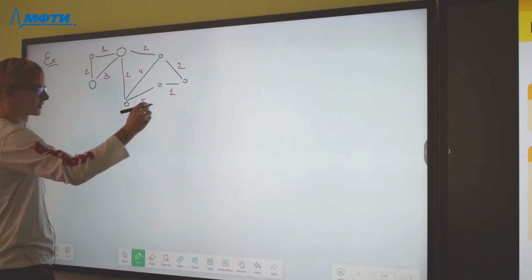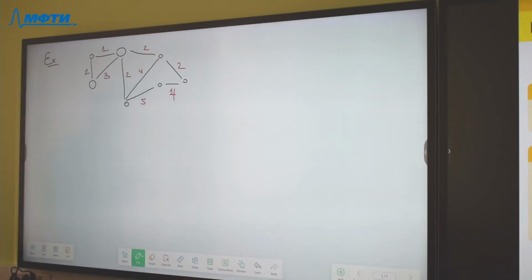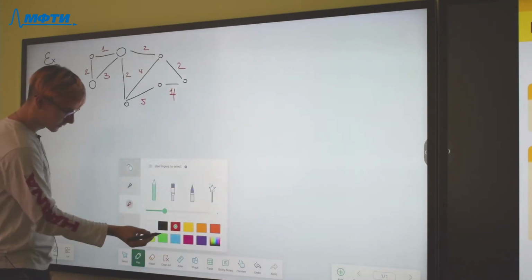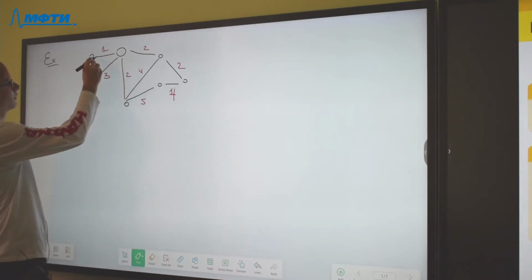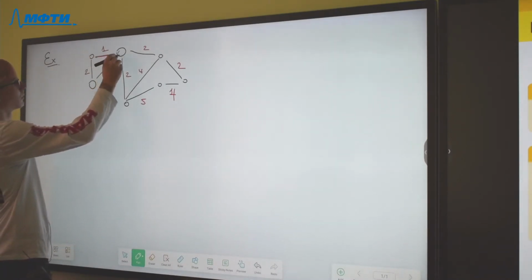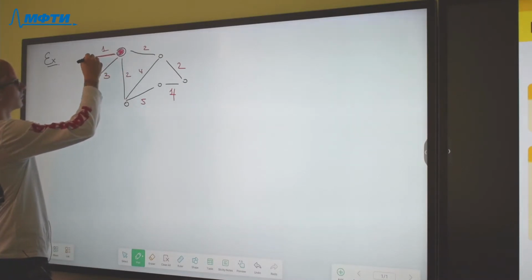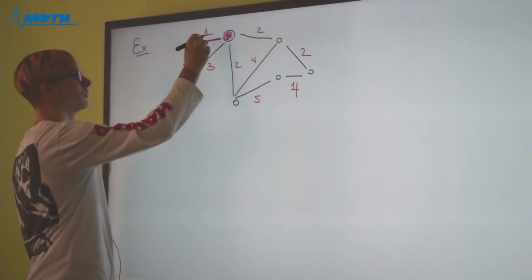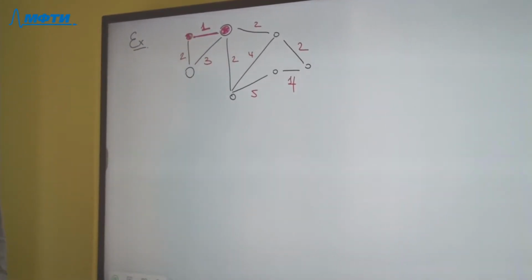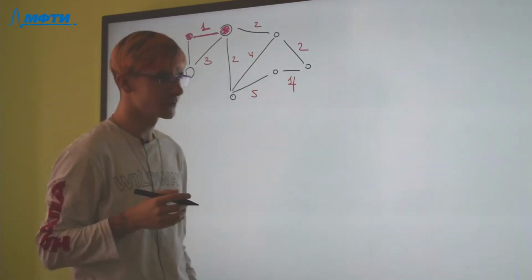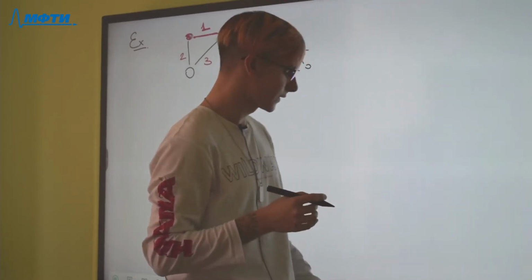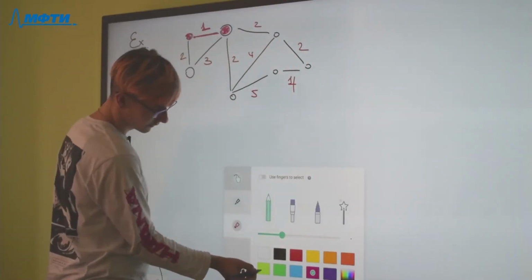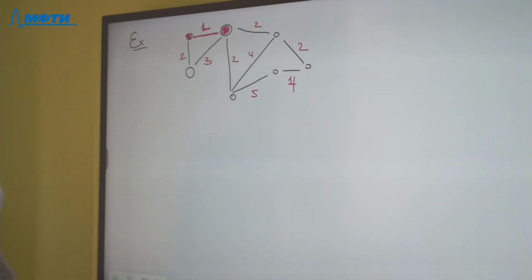Oh, let's set it's 4. Okay, and we see that in this graph we have only one edge with the cost 1, which is the minimum of the weights of the edges. And then we say, suppose we find a minimal spanning tree without this edge, and I can emphasize it with green color.